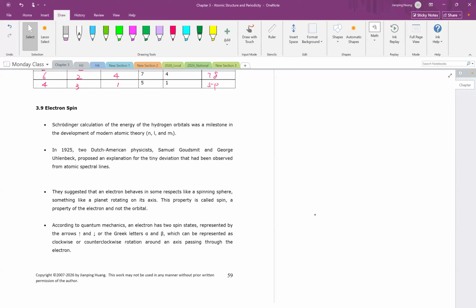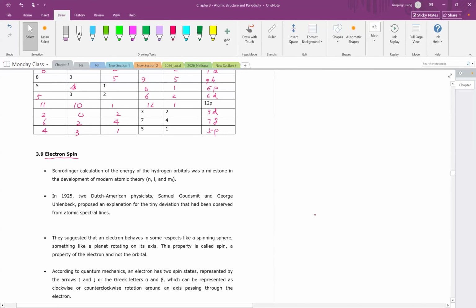Then how about electrons? We are going to discuss electrons. An electron needs another number, called electron spin, m sub s. Remember what we did? We solved the Schrödinger equation, H psi equals E psi, and we got 3 numbers.